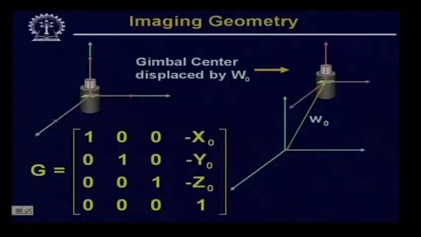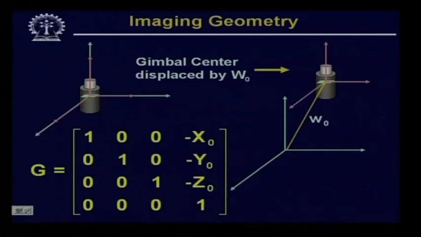We have seen earlier that if a 3D point is to be displaced by minus x naught, minus y naught, minus z naught, then in the unified representation the transformation matrix is G equal to 1 0 0 minus x naught, 0 1 0 minus y naught, 0 0 1 minus z naught, and then 0 0 0 1.